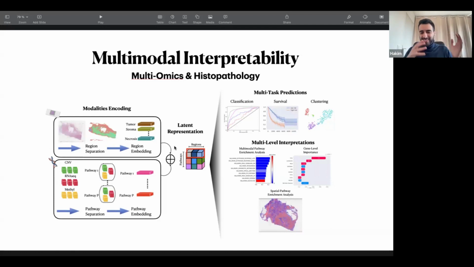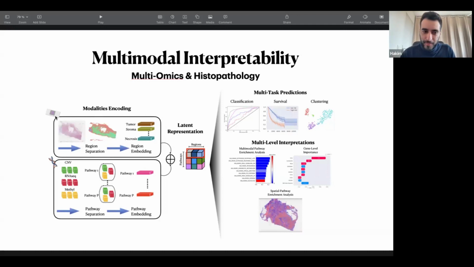This seemed like a complicated issue, because it's like searching for a needle in a haystack. To keep the interpretability aspects of our framework, we envisioned a semantic, thematic separation for each modality.